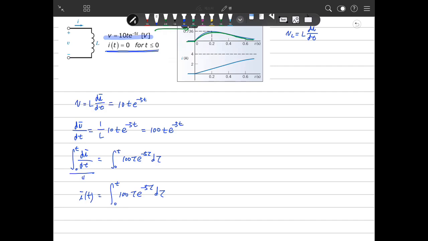To calculate this, you need to know a simple equation. And what should we do?